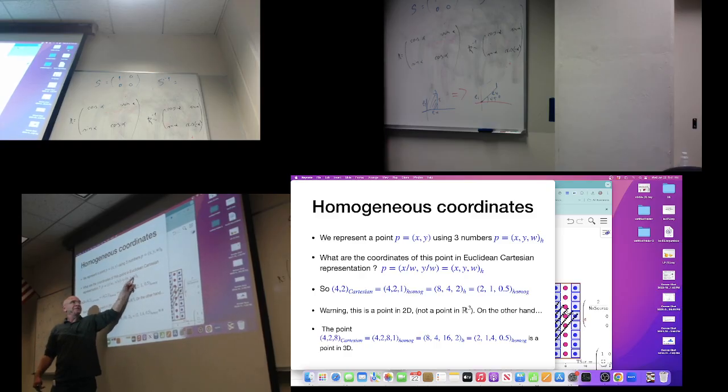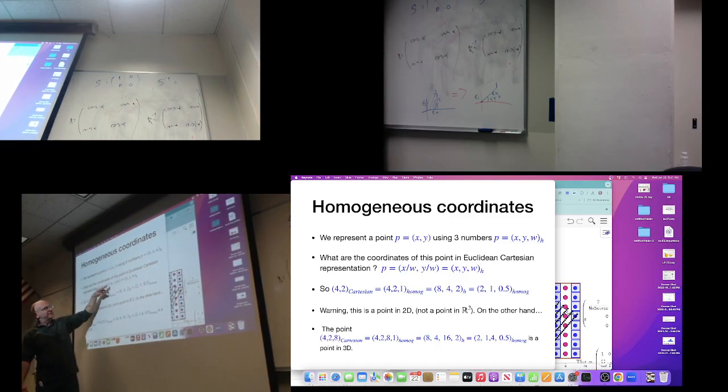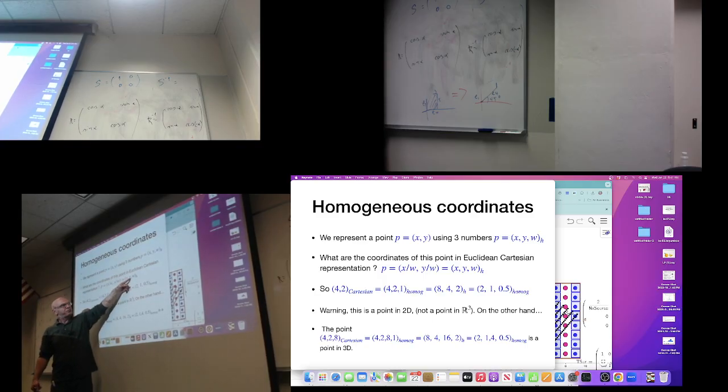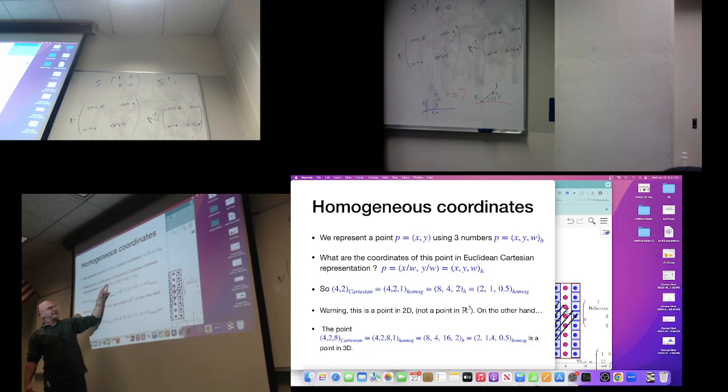And if I have 4 numbers right here, it means that my points live in 3 dimensions, 1 dimension less than the number of numbers. How do I understand this triple x, y, w? It's a point in 2 dimensions. Look at the last one, that's w. The first coordinate is x divided by w. The second is y divided by w. And w is not in the game anymore.